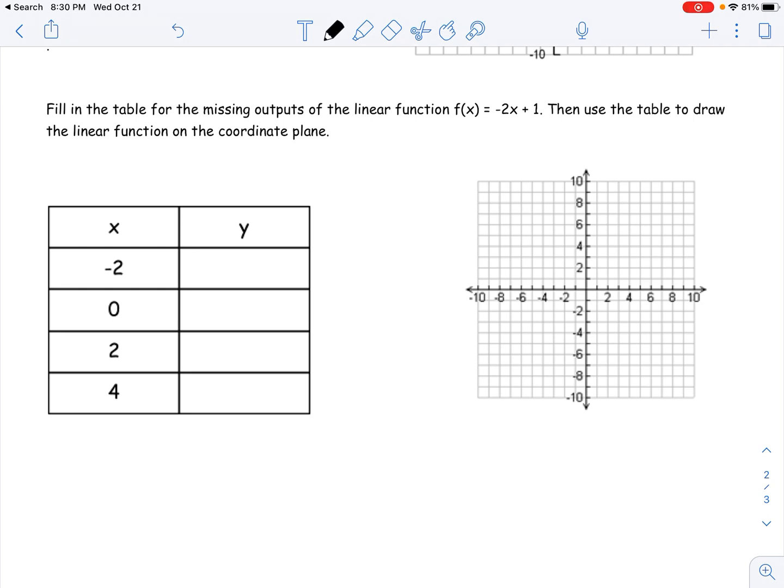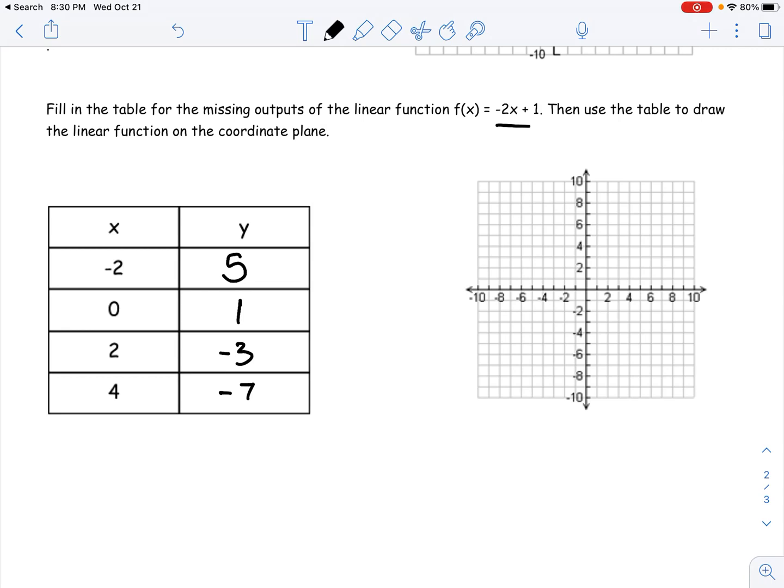Next one, we're trying to figure out if these are linear or not, and we're just basically going to plug these points into this function and then plot them and see if they make a straight line. So plugging in negative 2, you guys can do this on a calculator or take some more time. I'm going to go pretty quick. So that would be 5. This one would be 1. This one would be negative 3. And that 4 there would be negative 8 plus 1, which is negative 7.